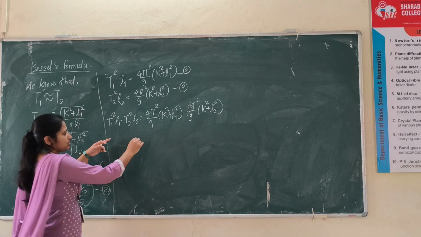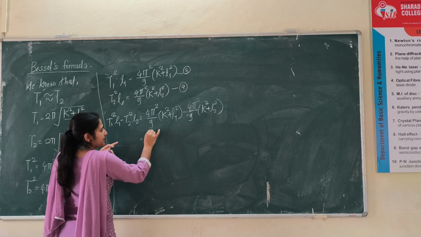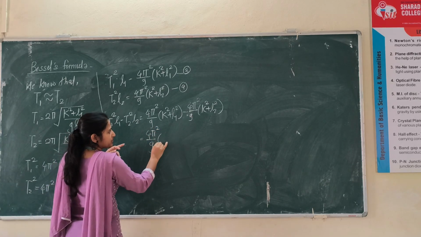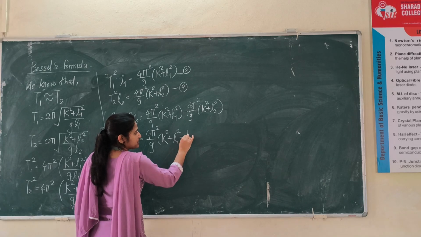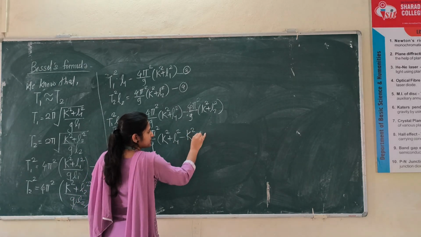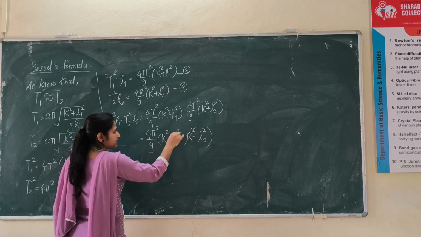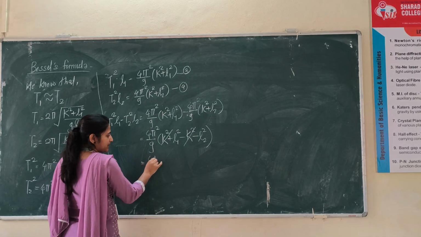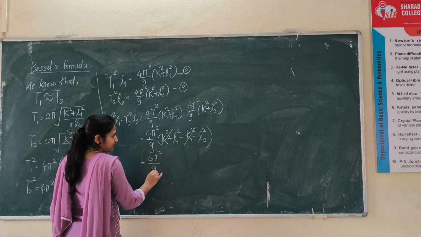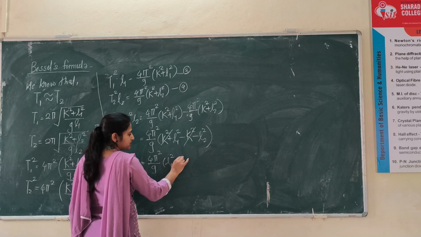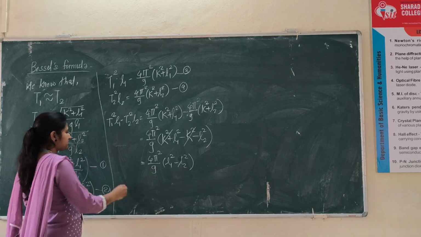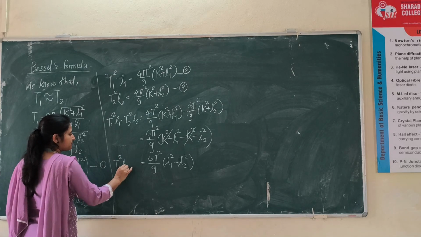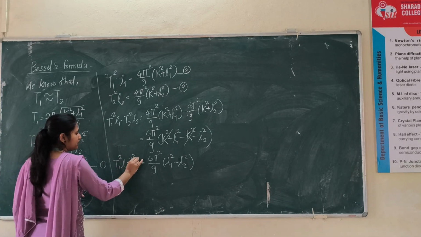Solving this, we take 4 pi square by g as a common term, so in bracket k square plus L1 square minus k square minus L2 square. After cancellation of k square we get 4 pi square by g in bracket (L1 square minus L2 square). Okay, so this is the term T1 square L1 minus T2 square L2.